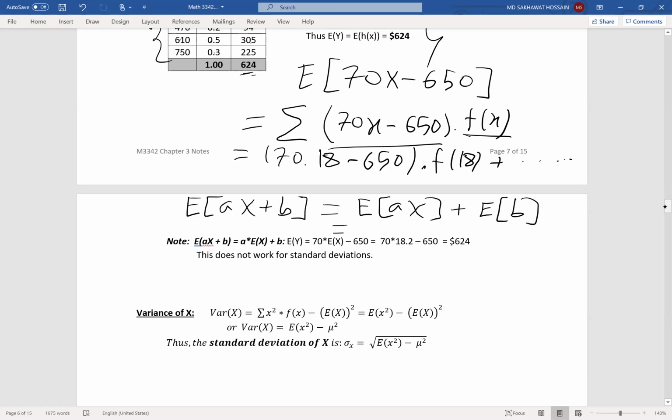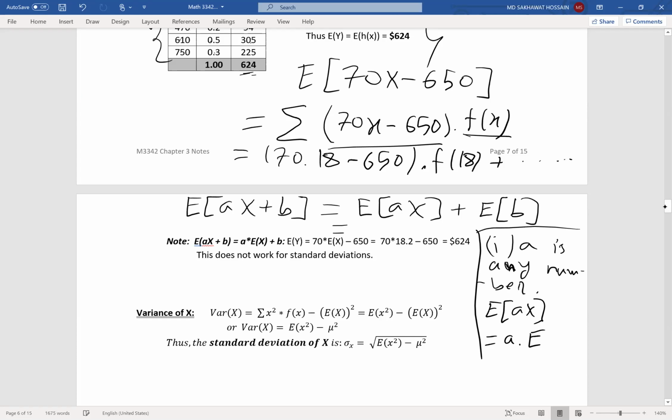The expected value has very nice properties. The first property is, if a is any real number and x is a random variable, then expected value of ax is just a times expected value of x.